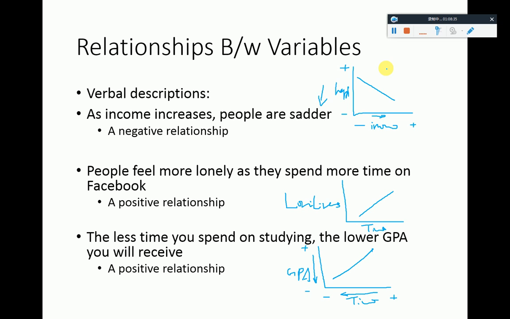And then we looked at the different relationships between variables. We have linear relationships, but different types of them: linear positive relationships and linear negative relationships.